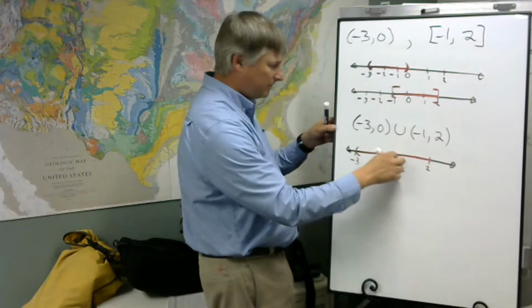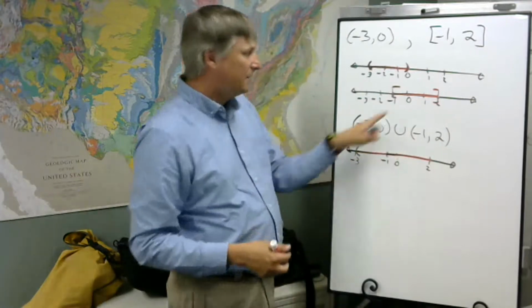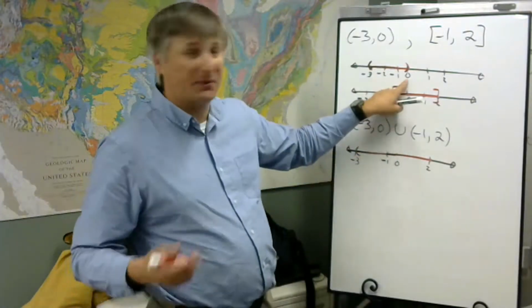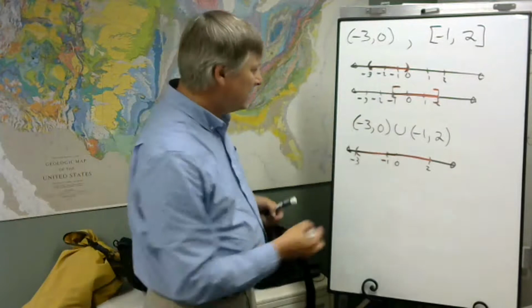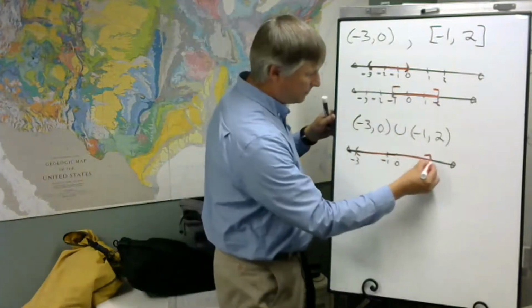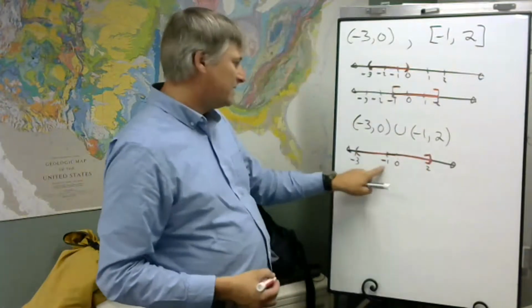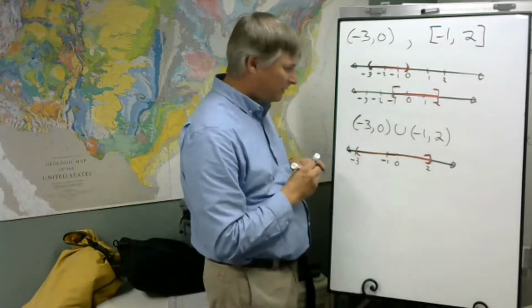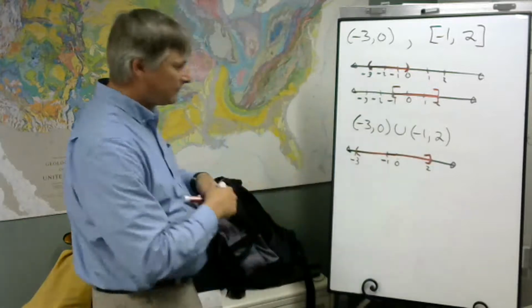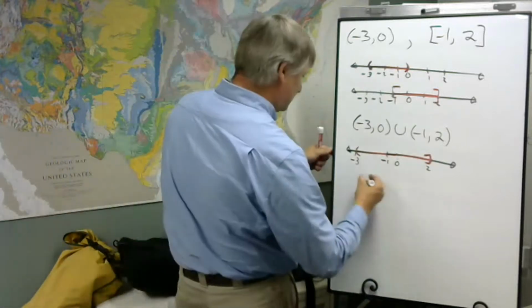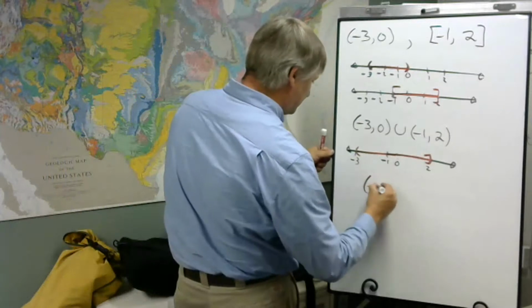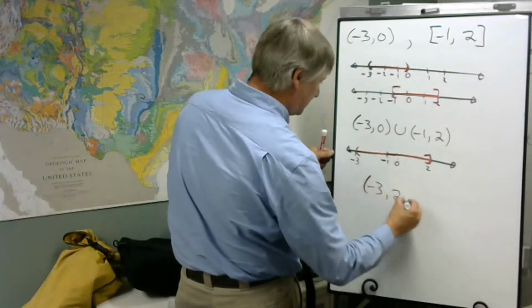So we can get rid of this little parenthesis, because this will contain the 0 that we're missing in that interval. And this will also have the 2. It'll have the -1 also. So what we end up getting when we do the union is an interval from -3 to 2.